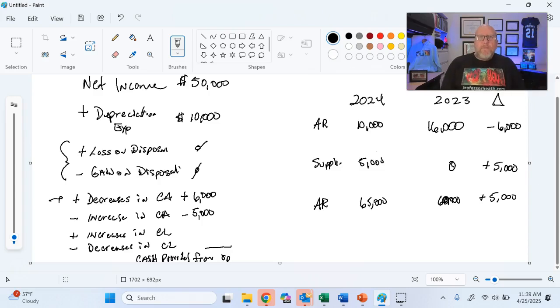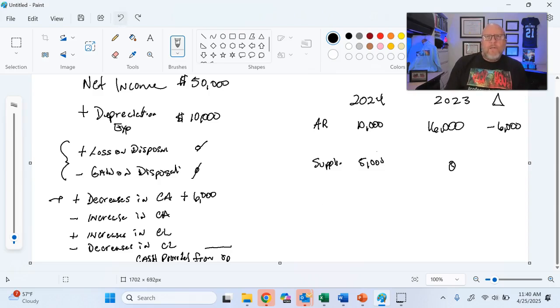So I'm saying that some portion of my income is derived from sales that didn't involve cash. And so if my accounts receivable goes up, it means that I didn't collect cash, and therefore I should subtract it.